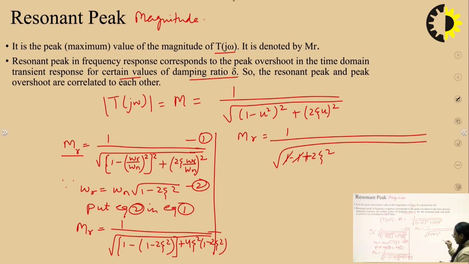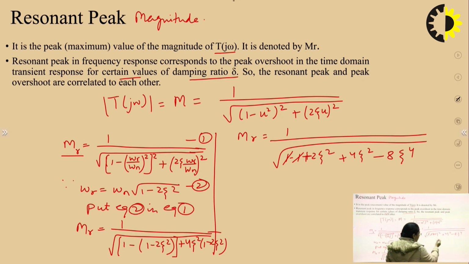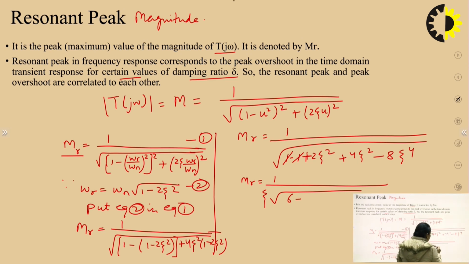So 1 will get cancelled, plus 4 zeta square, and here minus 8 zeta to the power 4. So from here I get 6 zeta square. So MR will be equal to 1 upon under the root, taking zeta square common outside, this 6 minus 8 zeta square. Okay, the value is not correct, it should be 1 minus 2 zeta square here.